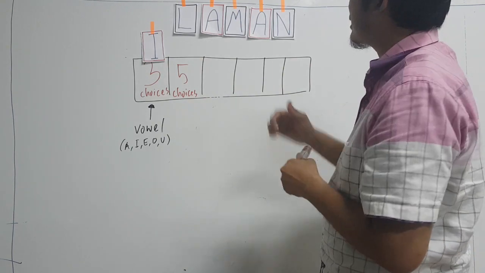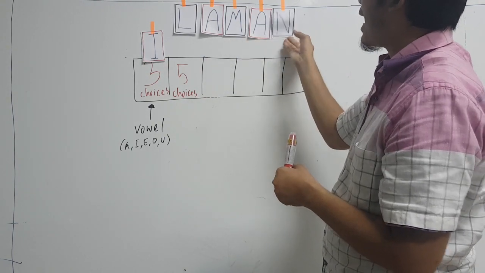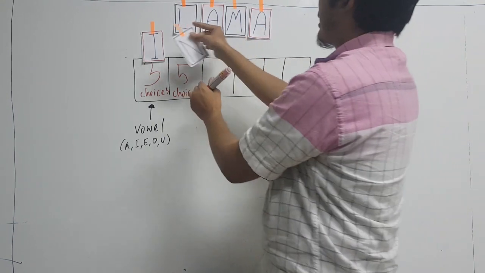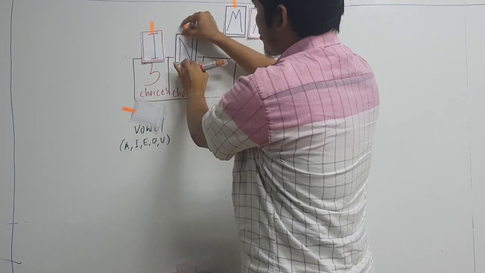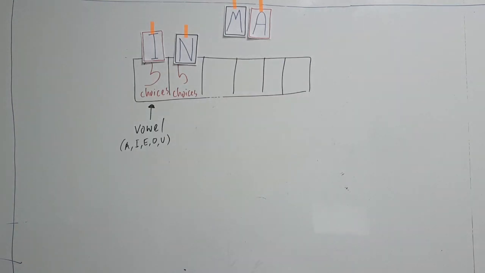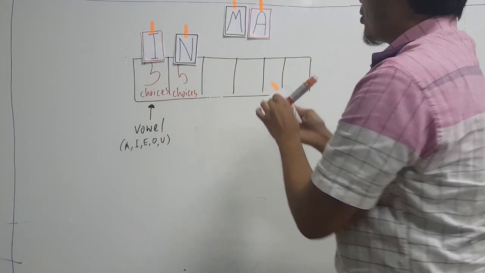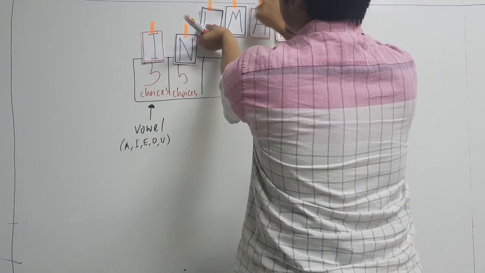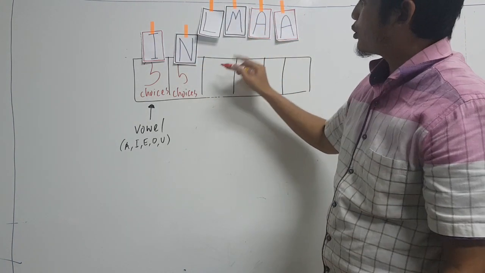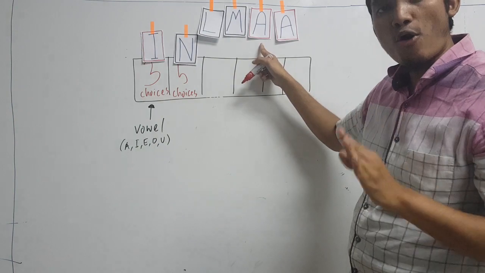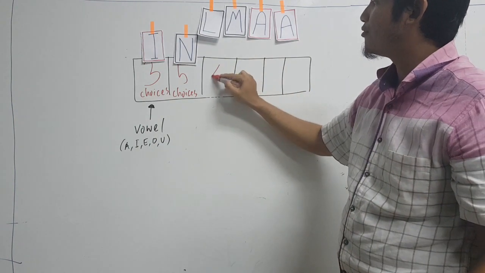Let's say we take N, no problem. L also okay. Now, as we learned before, we have 4 more choices for the next box because we have 4 letters left.